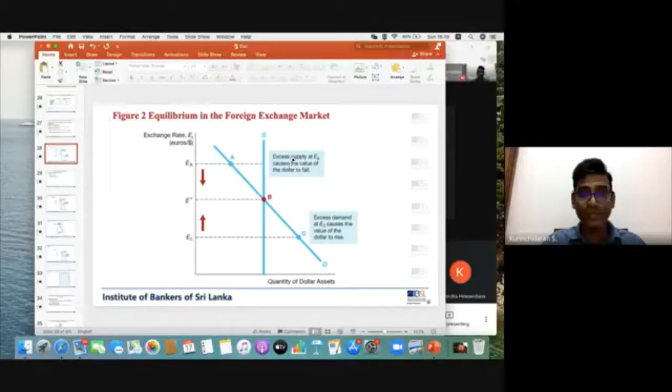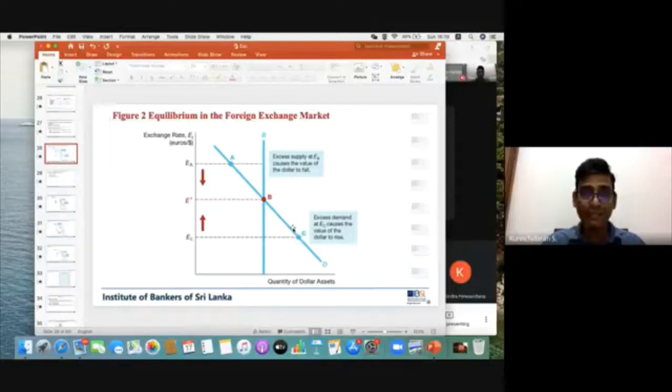You draw another supply curve outward, because when you increase the supply, it will move outward. So you will get the curve here. Because of the increase in supply, you are going to lose value, because demand is less, right?